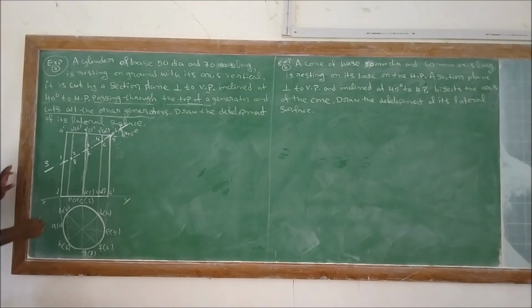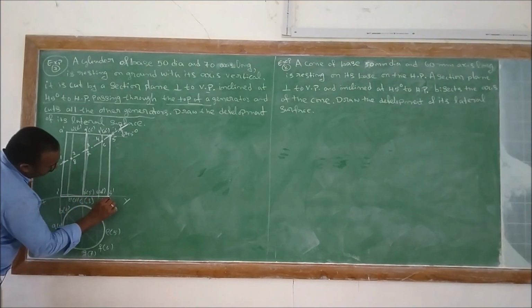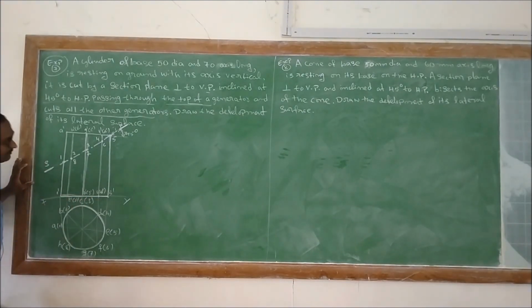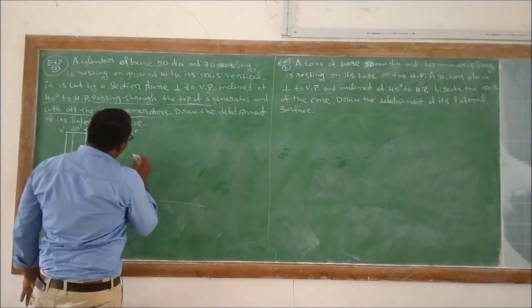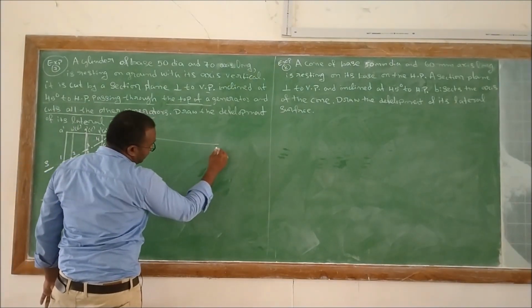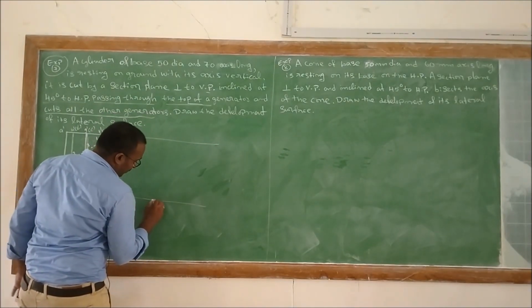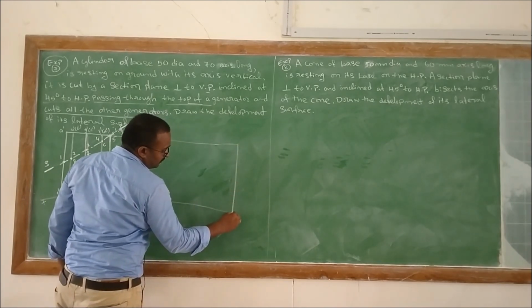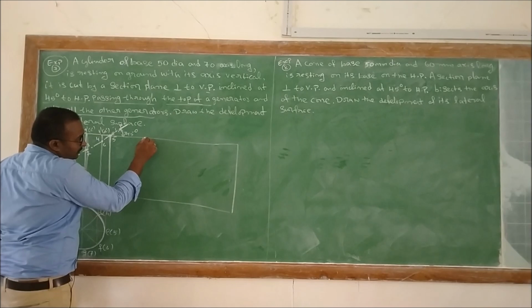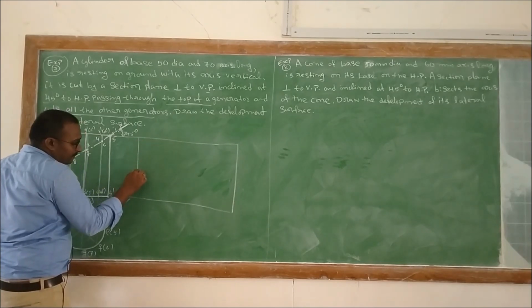So total 8 points which we have derived. Then we need to project all of them towards the development of the surface. So here we are going to take the development of surface.